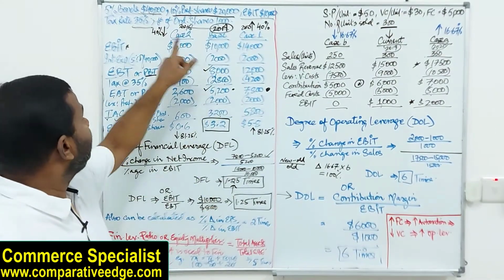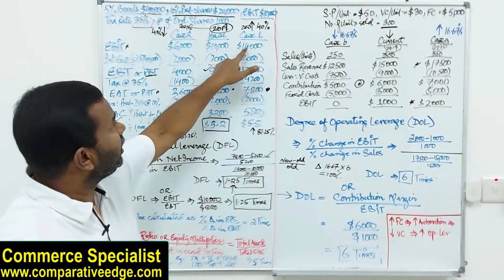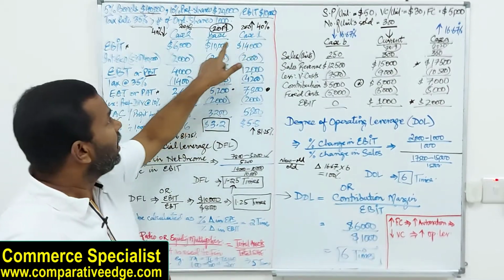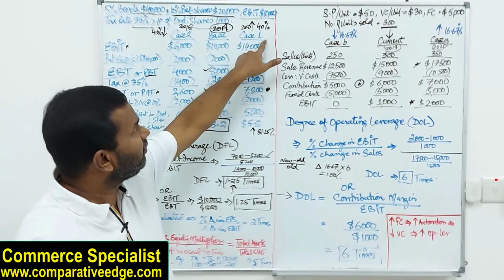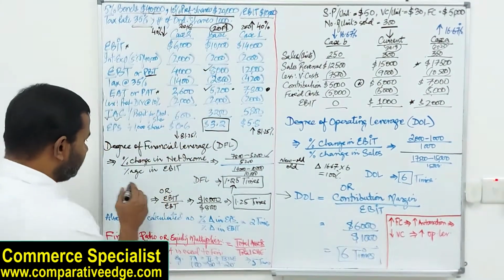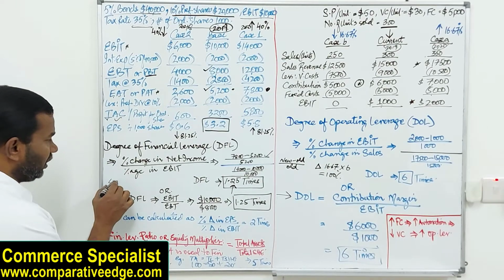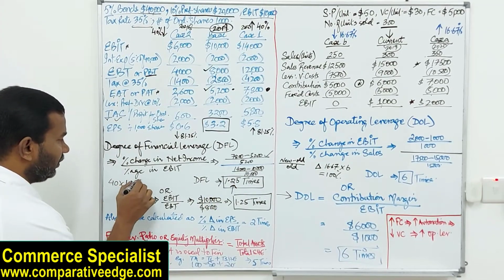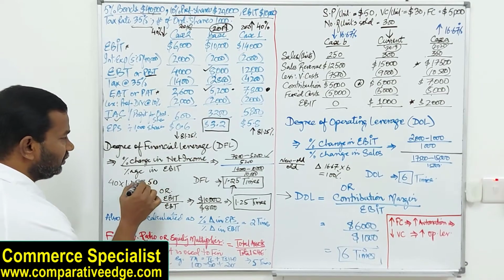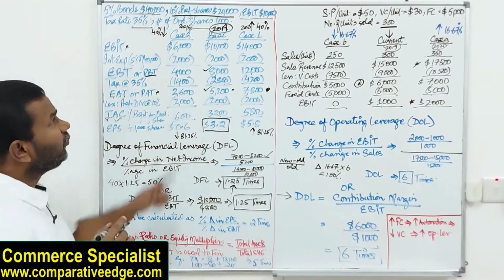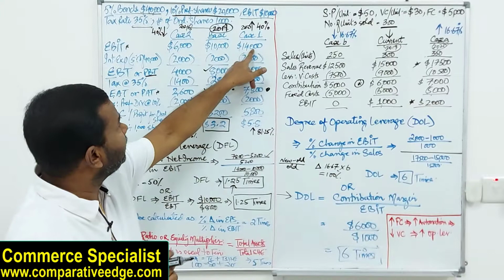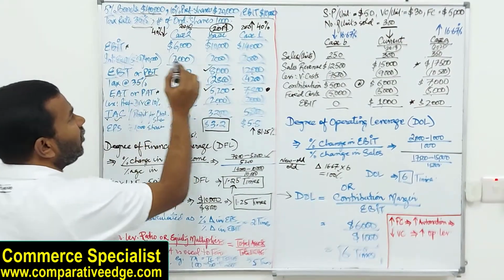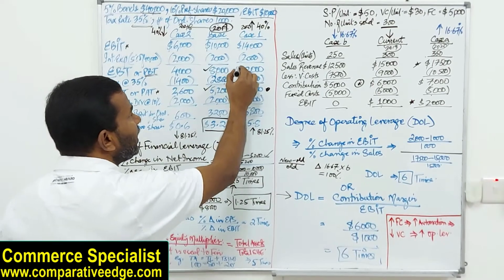This means if your EBIT is increasing by 40%, see, from 10 to 14, it's a 40% increase. If your EBIT increases by 40%, this 40%, I'm doing it here, you multiply by the degree of financial leverage, which is 1.25. So that gives you 50. So if your EBIT increases by 40%, your EBT or profit before tax will increase by 50%.